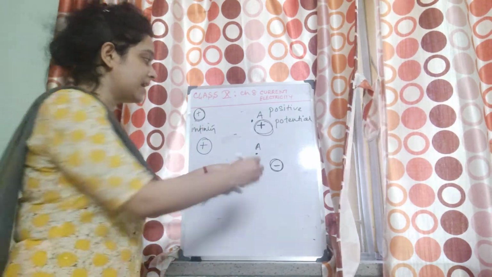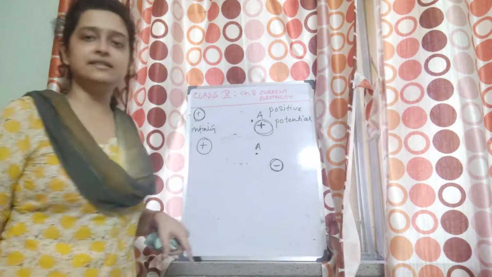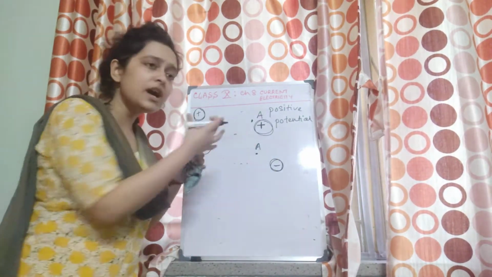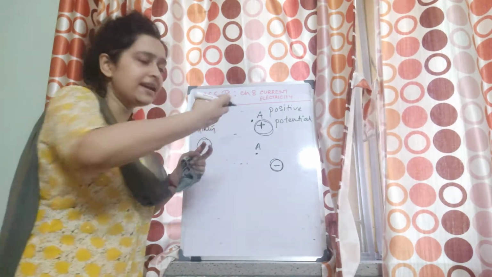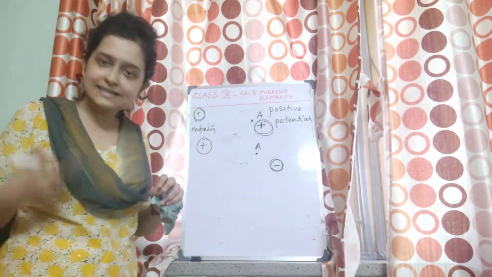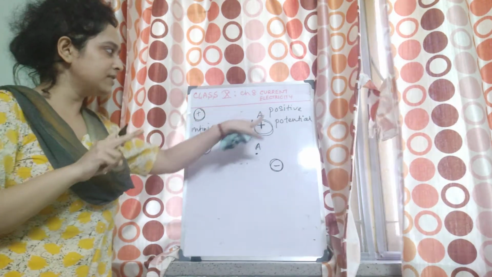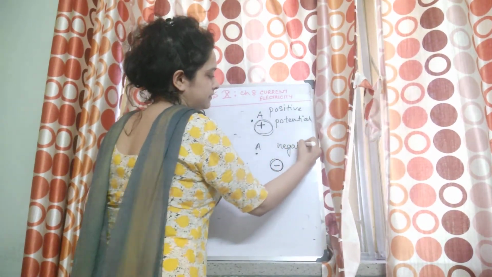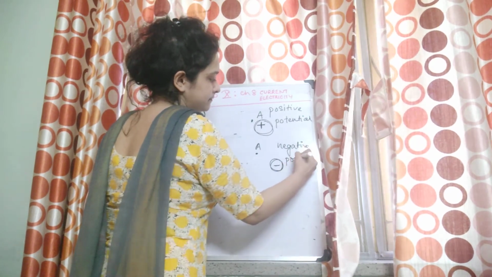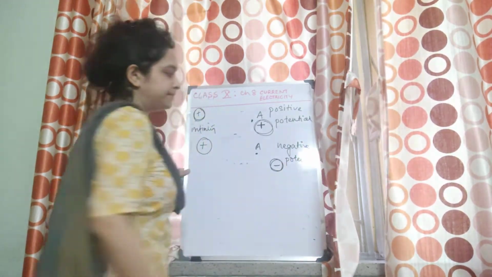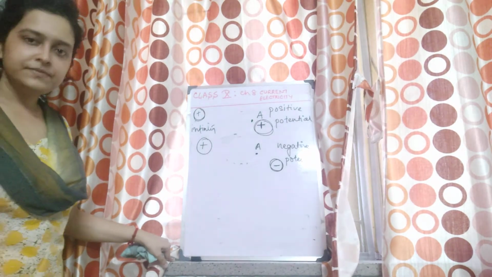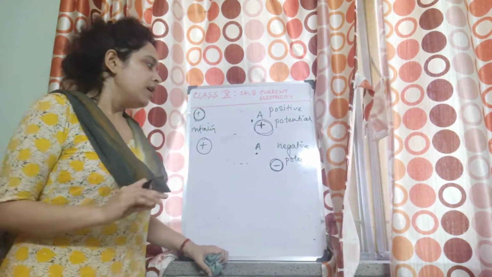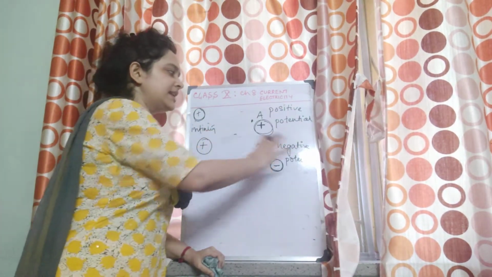Because the work is done by this negative charge itself. Because it's a force of attraction, it will automatically try to bring the charge towards it. So, if this is positive, then this case will be negative potential.